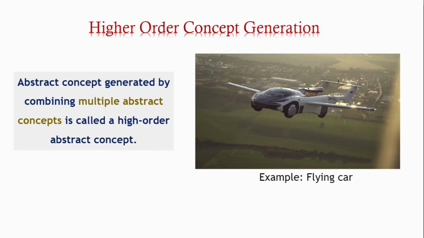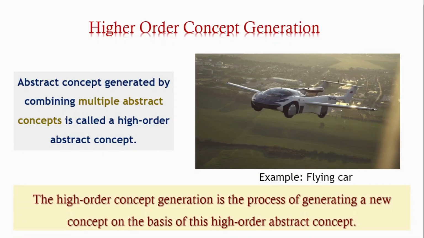An abstract concept generated by combining multiple abstract concepts is called a higher order abstract concept. You are taking different types of abstract concepts and creating one more abstract concept, and it is known as a higher order abstract concept. Higher order concept generation is the process of generating a new concept based upon the higher order abstract concept.